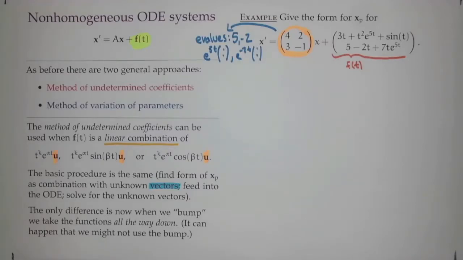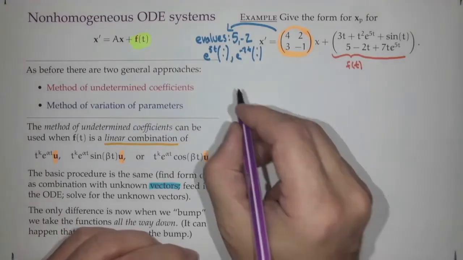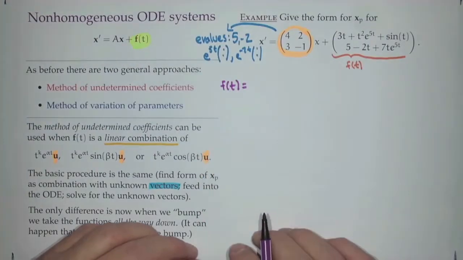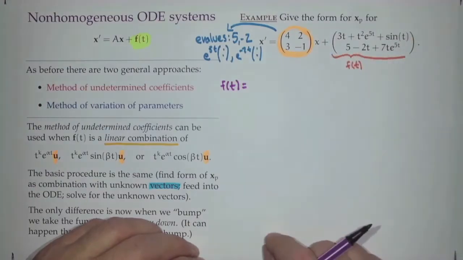The nice thing is when we're dealing with matrices and vectors, they work great with addition. It's very easy to pull things apart. So let's think about some functions that we see inside f of t, and let's pull it apart into our pieces. What are some functions we see inside of f of t floating around?